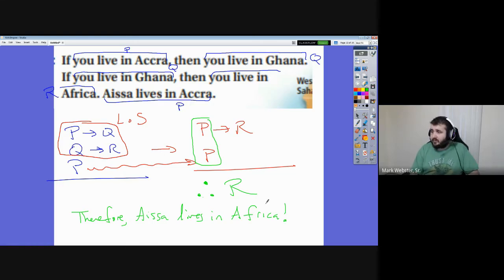Now, there's a lot of different conclusions that you can actually draw here. We drew a conclusion here using the law of syllogisms. We already drew the conclusion that if you live in Accra, then you must live in Africa. That is a conclusion. You could even skip this middle one and say, since if you live in Accra, then you live in Ghana, and Aisa lives in Accra, you could also conclude that Aisa lives in Ghana.